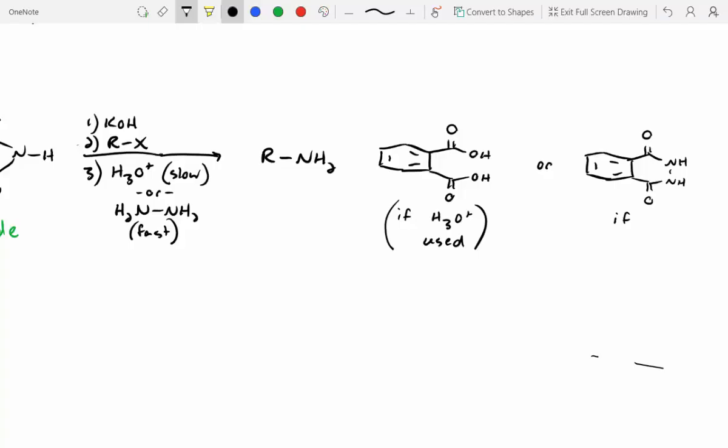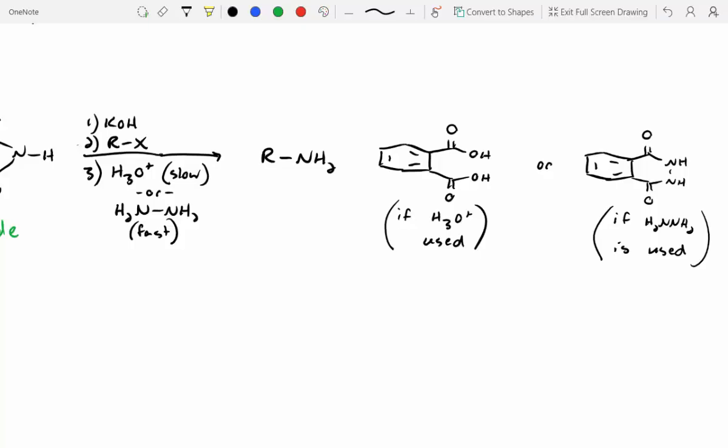And you get this if H2N-NH2 is used. So depending on that last step, you'll get 2 different byproducts out of this.